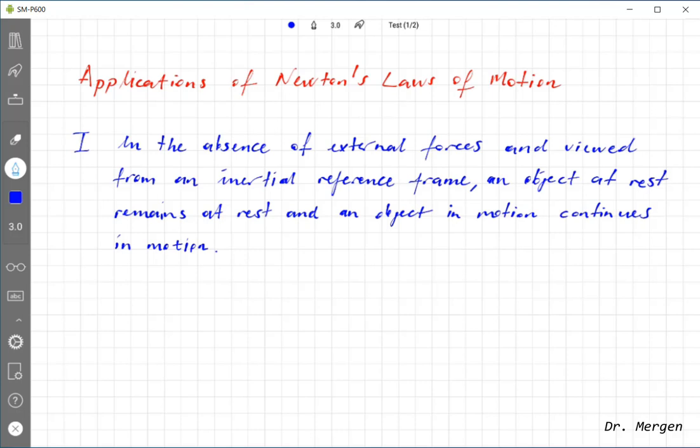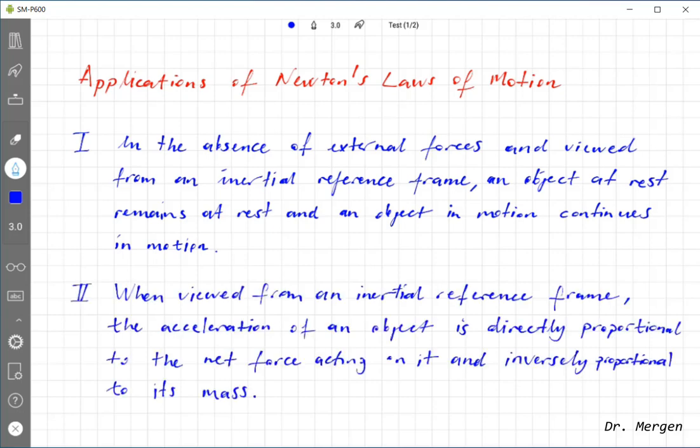And in the first one, in the absence of external forces and viewed from an inertial reference frame, an object at rest remains at rest and an object in motion continues in motion.